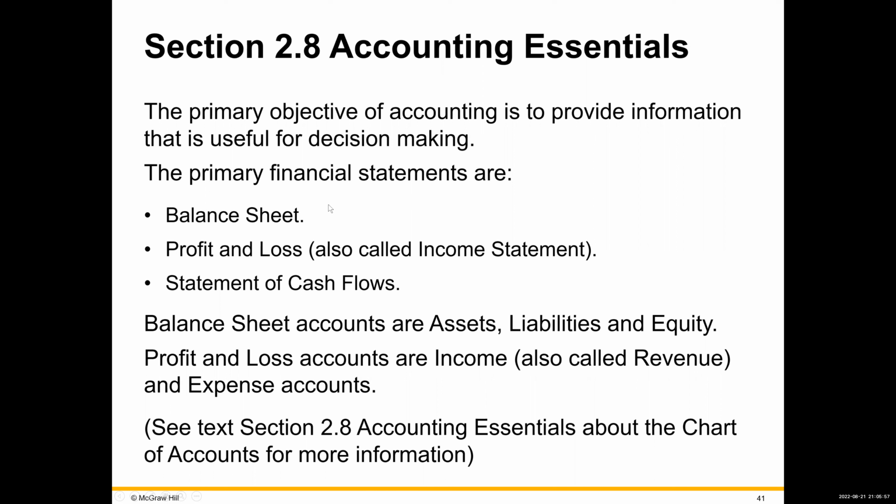But what we did is we told QuickBooks, when we added the account, where it's supposed to go. So if we said that the account we added was an asset, it's going to be put on the balance sheet. If we said, hey, this is a revenue account, an income account, then it's going to go to the profit and loss. So that's kind of what we did, right? All right.